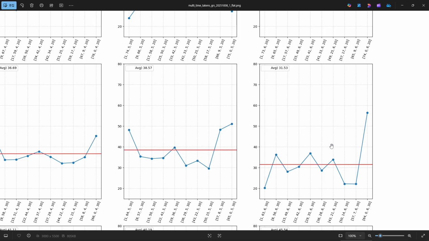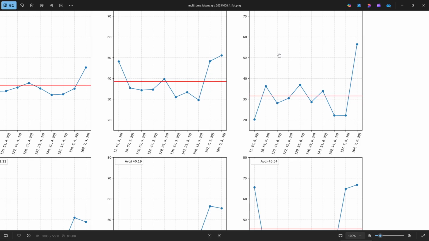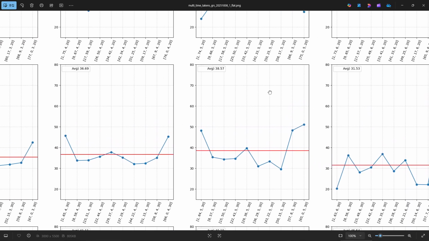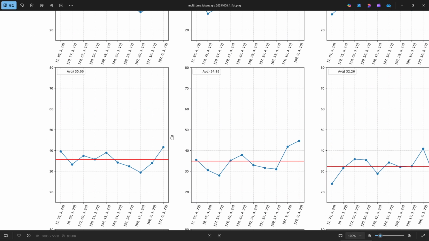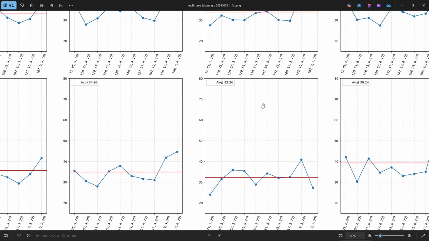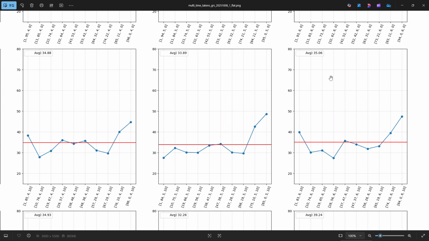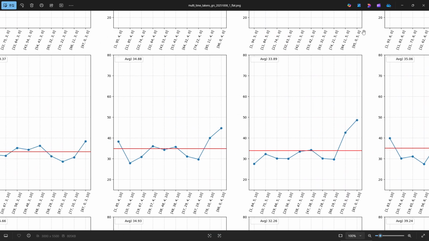This is an anomaly here. 36, 35, 34, 32, 39, 35. Yeah, so higher procreate event ratio means longer time, usually.